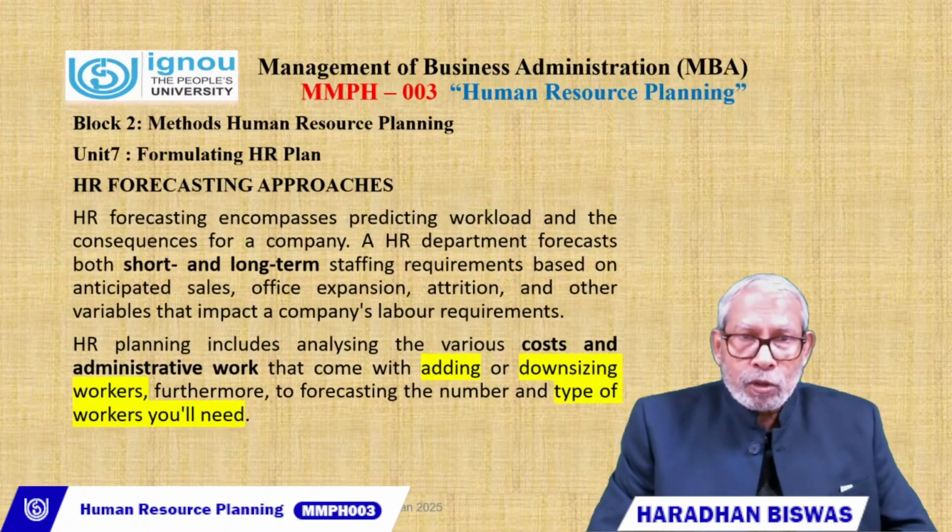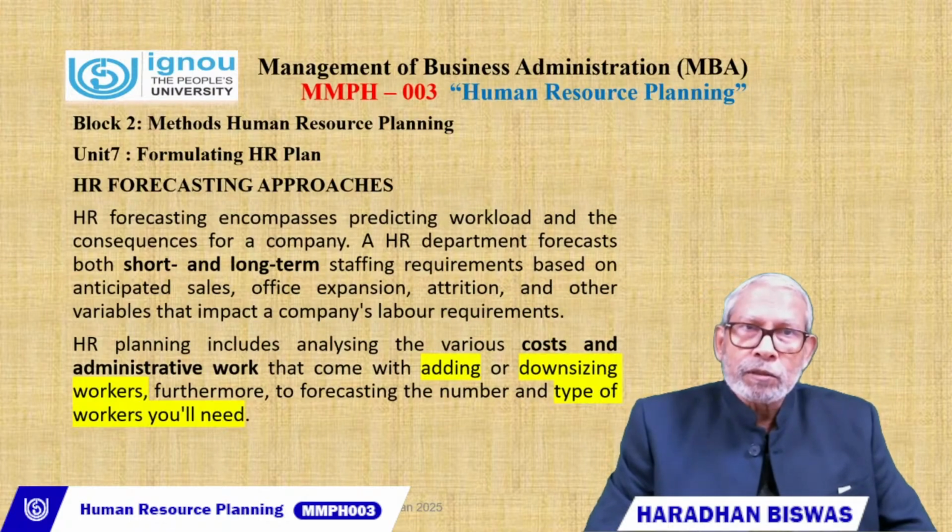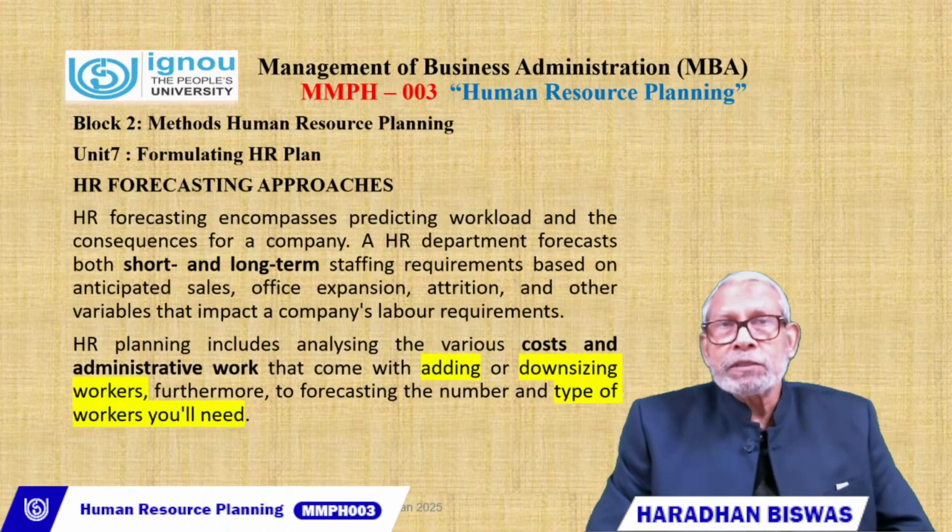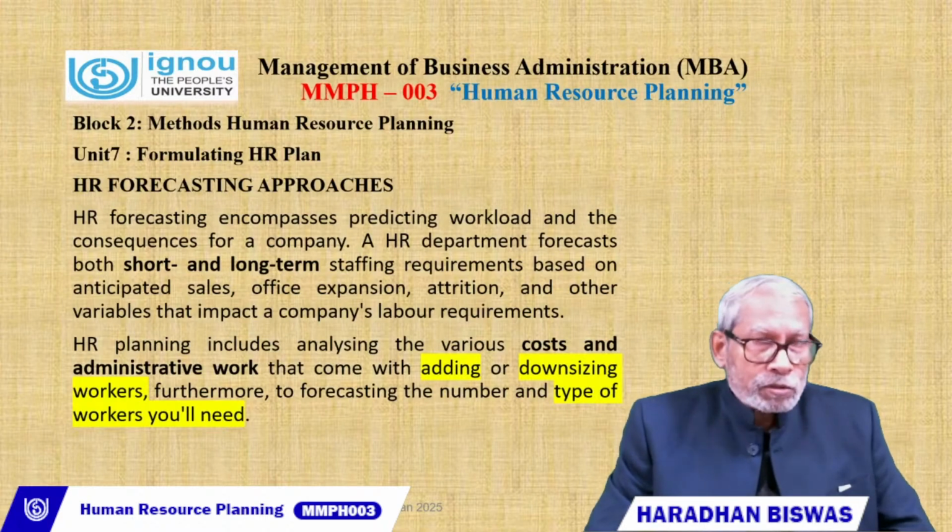Furthermore, there is forecasting the number and type of workers you will need. This is one of the approaches. During your forecasting process, cost is one of the points you have to keep in mind, and how many people are really required.